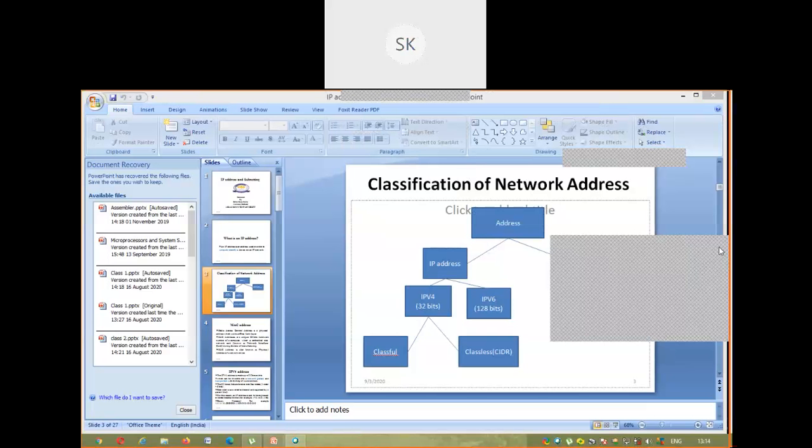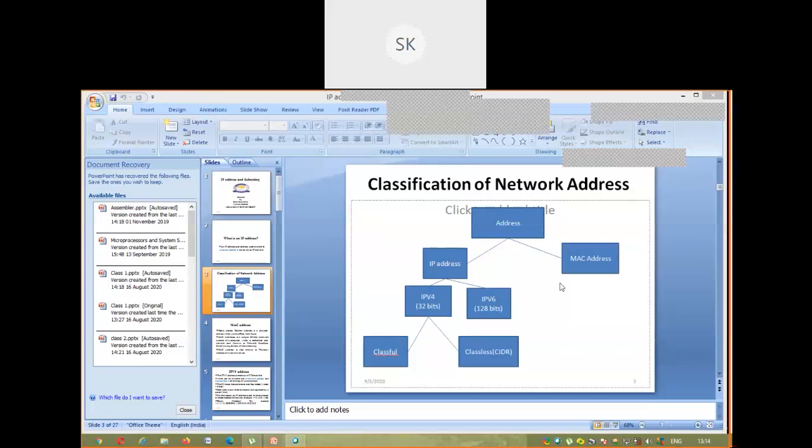network address. If we talk about network address, we can classify it into two categories. One is IP address and another one is MAC address. The duty of network layer is providing IP address to all devices in the networks, right?